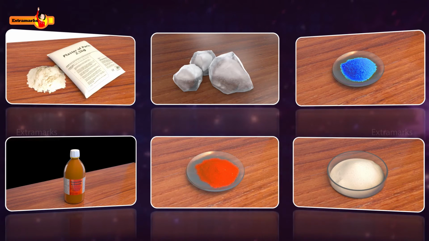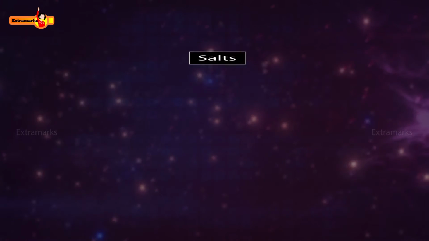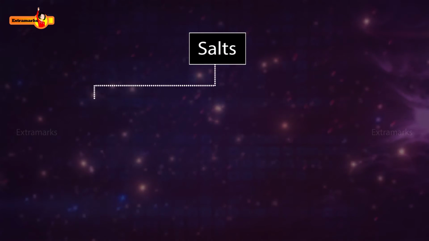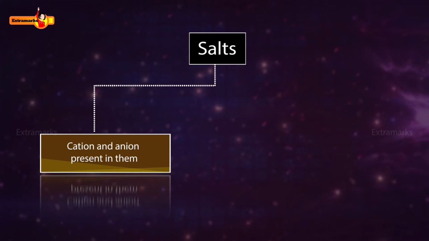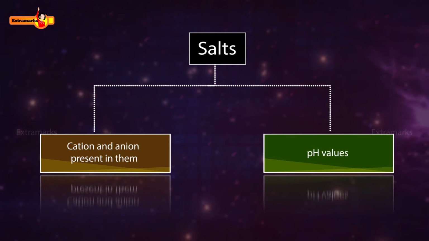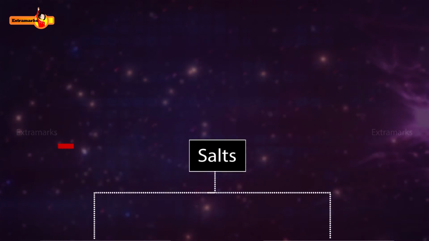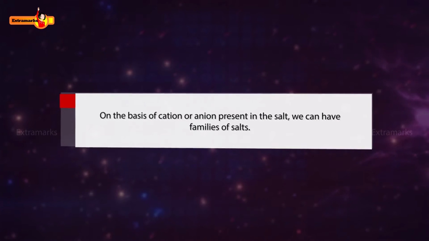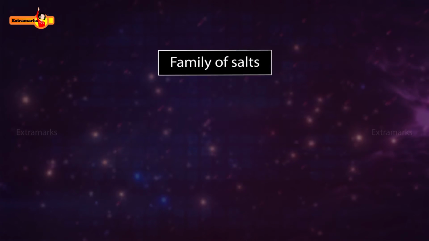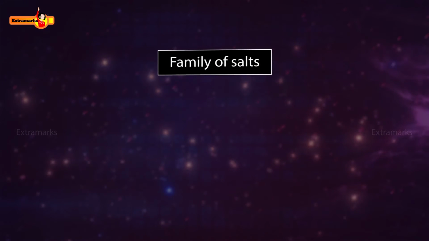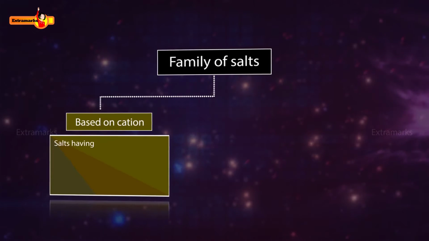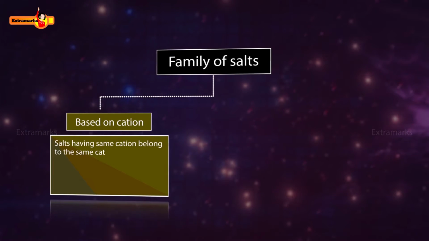For making their study easier, the salts can be classified either on the basis of cation and anion present in them or on the basis of their pH values. On the basis of cation or anion present in the salt, we can have families of salts. Salts having same cation belong to the same cation family.